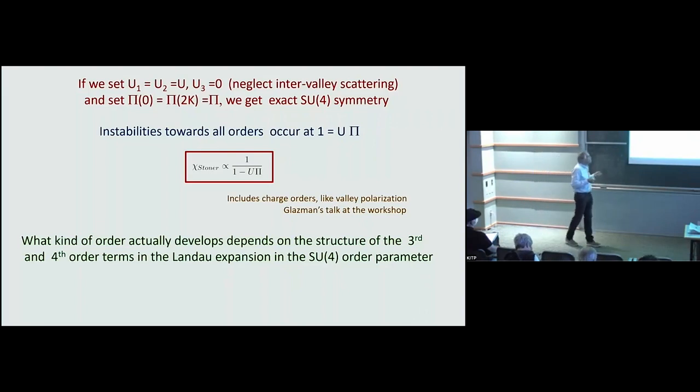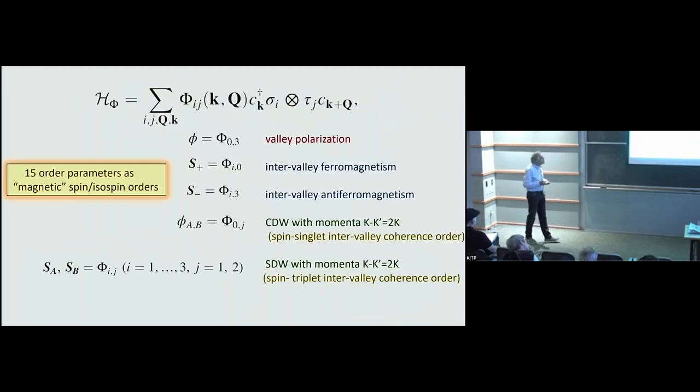by taking it first and fourth order in the interaction, in the order parameter expansion. And for this, it's magnetic convenient. So it's convenient to write all these order parameters as magnetic by introducing isospin instead of valley variables. Then all these order parameters are just different combinations of spin and isospin orders. It's the same order parameters.